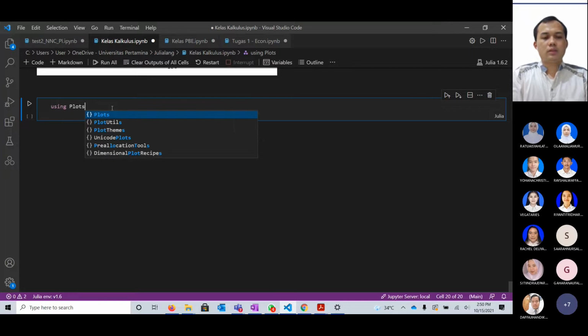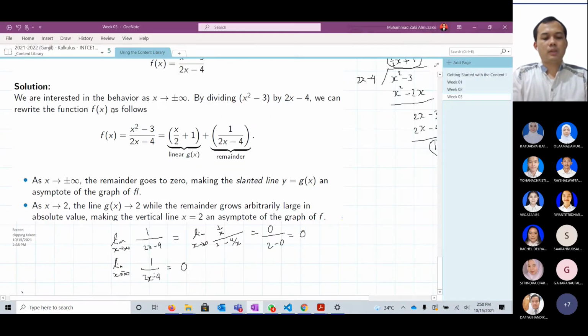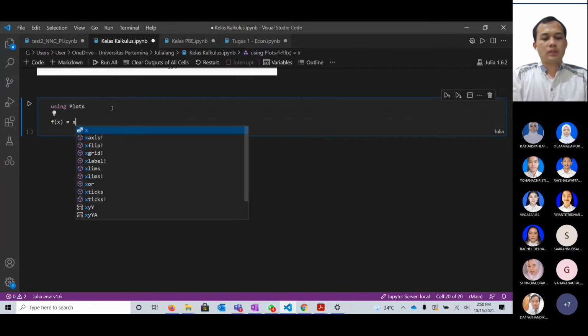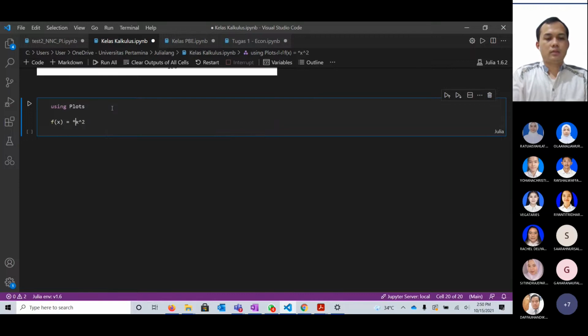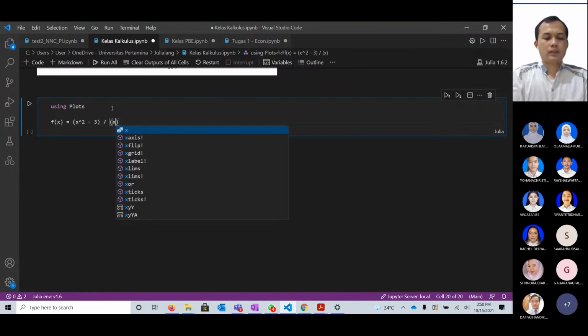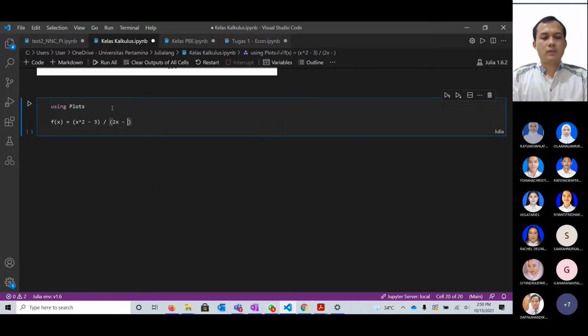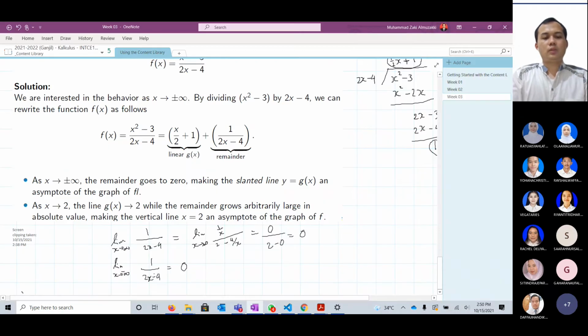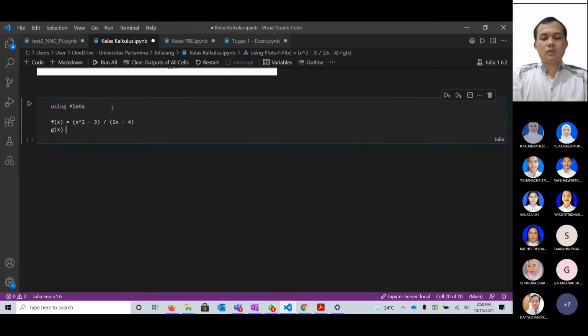Using plots, we have f of x equals x squared minus 3 over 2x minus 4, and we have the linear part, which is g of x, equal to x over 2 plus 1.